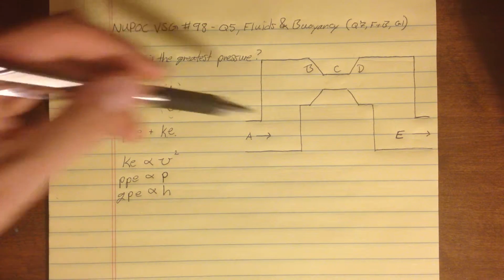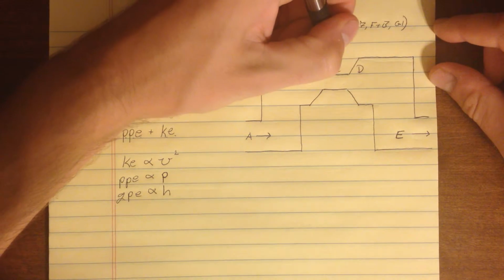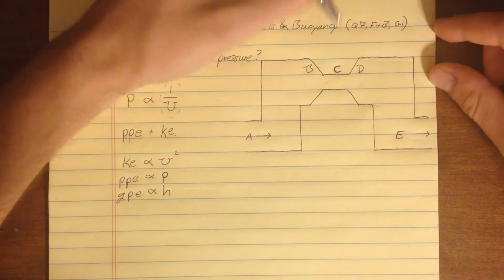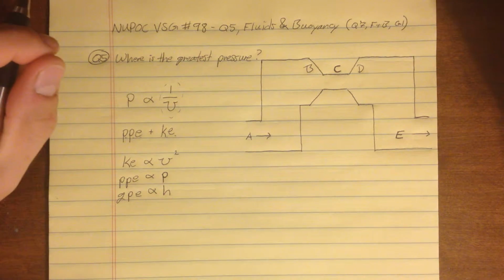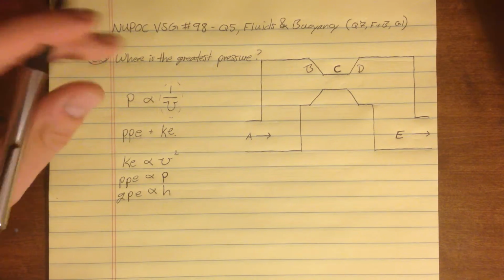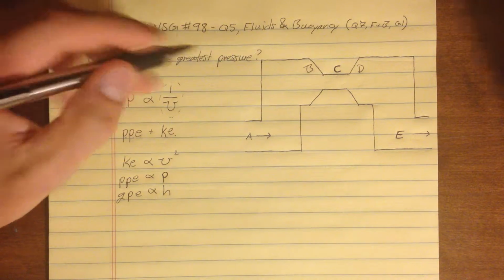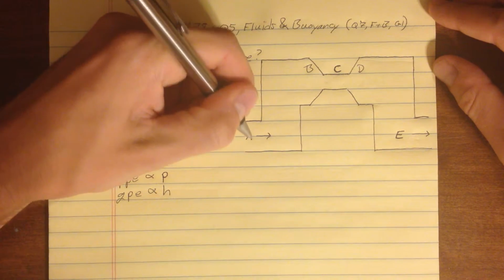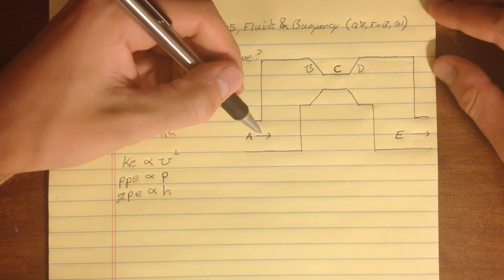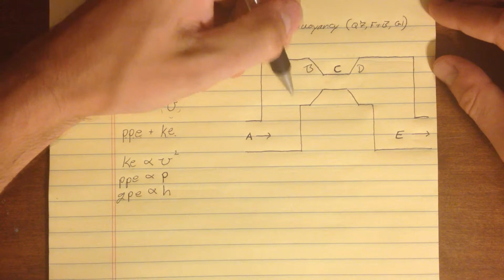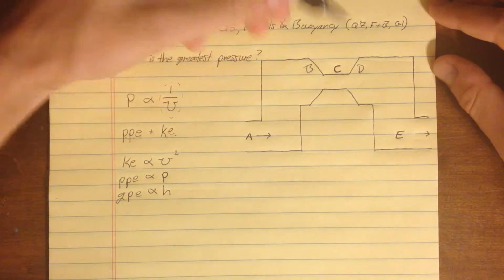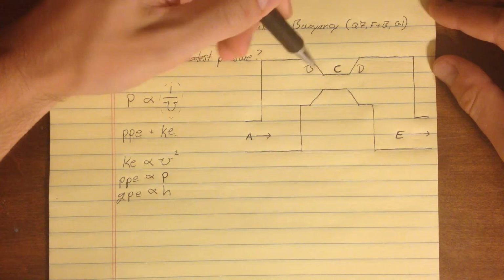So if we look at point C, let's just ignore the losses due to friction, and let's look at points B, C, and D. Well, here at point A, we have some pressure and some velocity. And then as we go up here, now we've increased our gravitational potential energy.